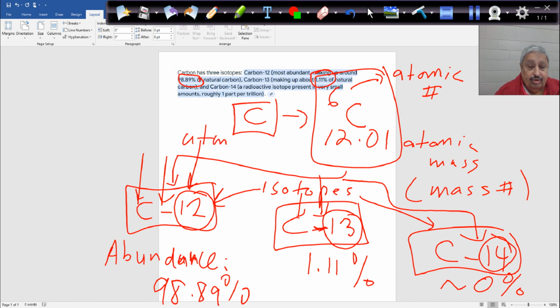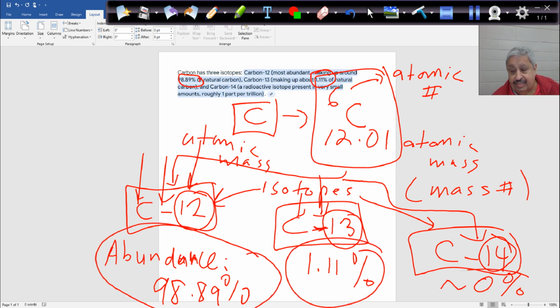Now, when it comes to the atomic mass recorded in the periodic table, it records the average weight atomic mass, not the natural real atomic average, but the atomic weight. So we have to weigh in the abundance of each isotope of that element.